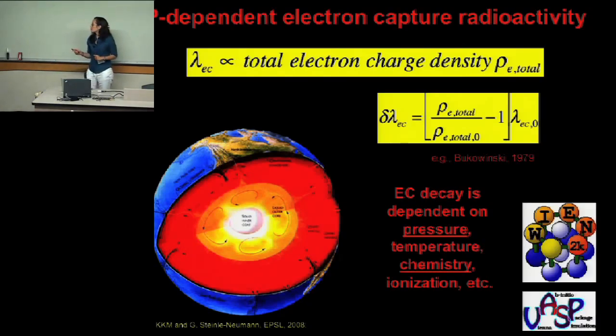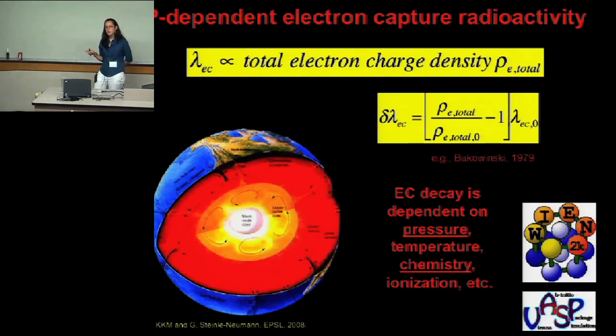And so actually the initial idea for this was first proposed back in the 40s, and then was looked at by Mark Bukowinsky in the 70s, and then again now.